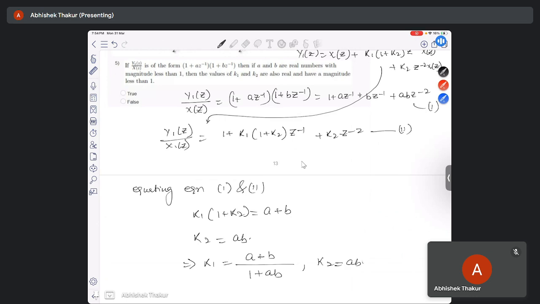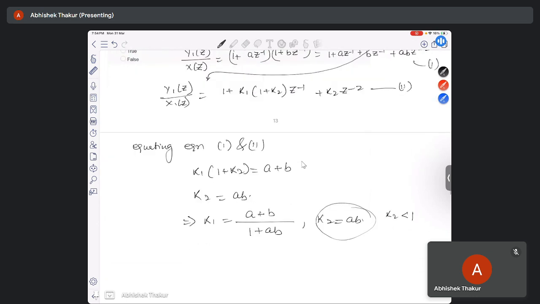So if both a and b are real with magnitude less than 1, then k2 is also less than 1, and k1 is like a plus b divided by 1 plus ab. So yes, that will also be less than 1.